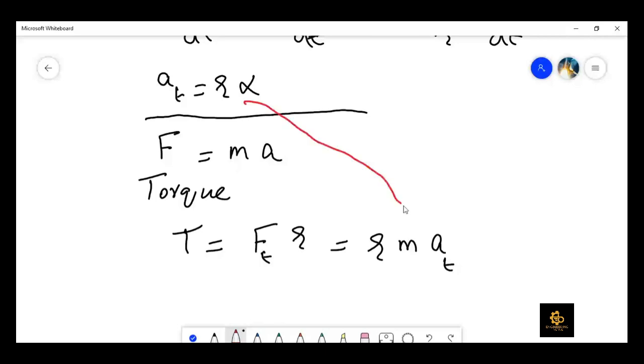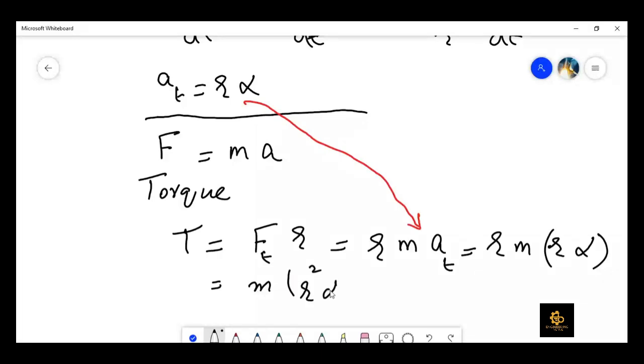If we put the value here, we can write R into M R alpha, so instead of AT we have put R alpha, and from here we can write M into R square alpha.